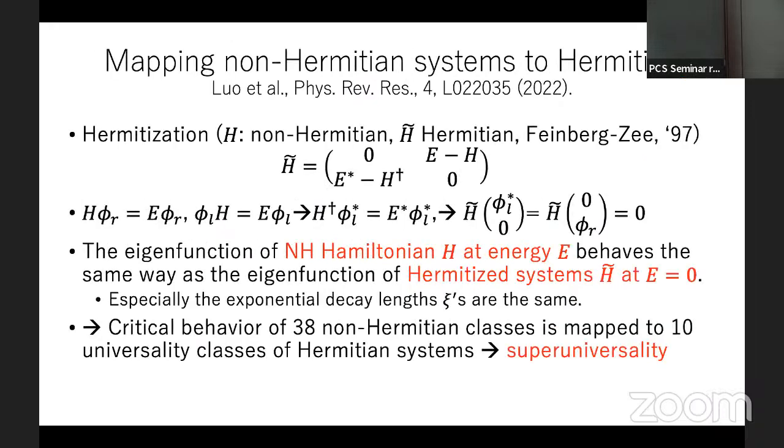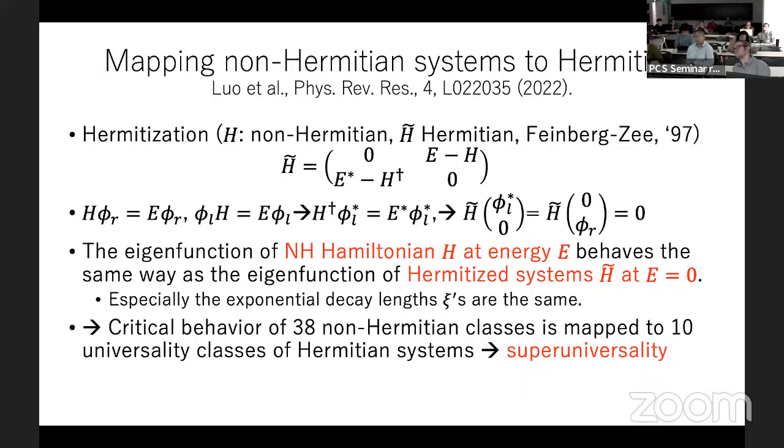But we can map the non-Hermitian system to a Hermitian one by a technique called hermitization, originally invented by Feinberg and Zee in 1997. Here, H is a non-Hermitian matrix, and E is the energy we want to consider.